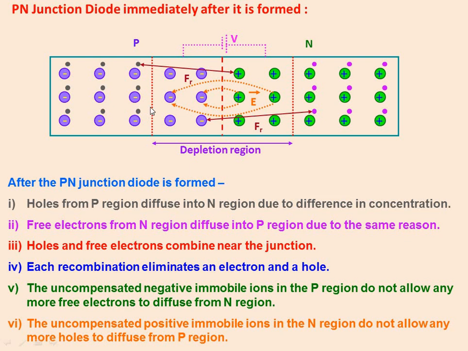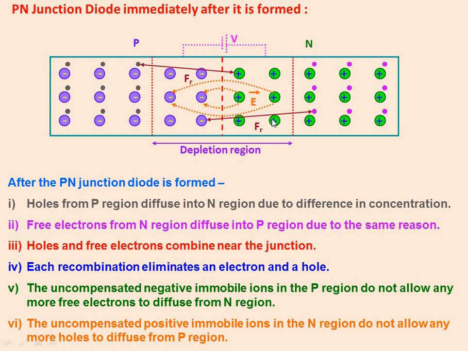Which are near the junctions here. And remember, these ions are immobile. They can't move. Charge carriers alone will move, which are nothing but the electrons and holes, whatever you are actually considering here.